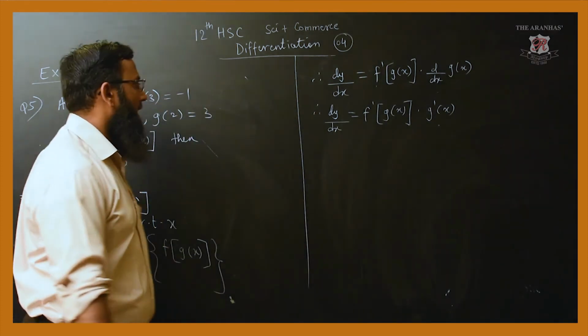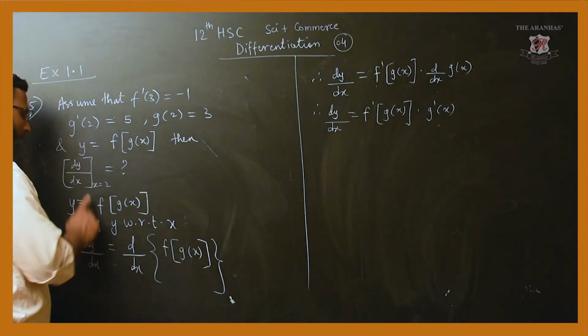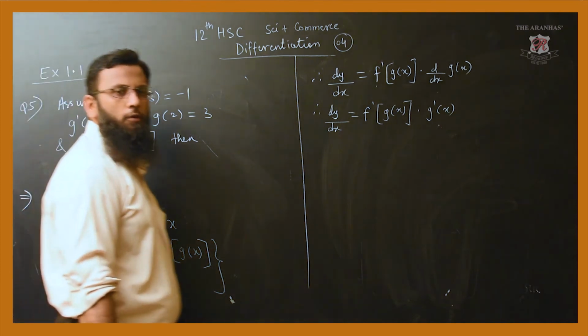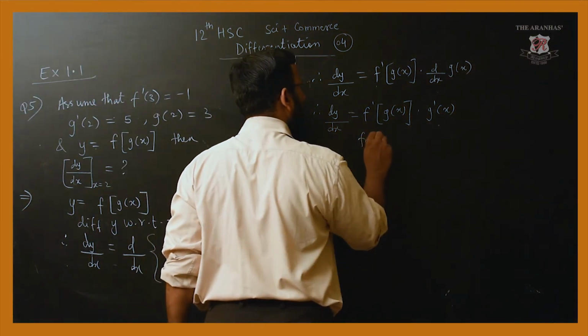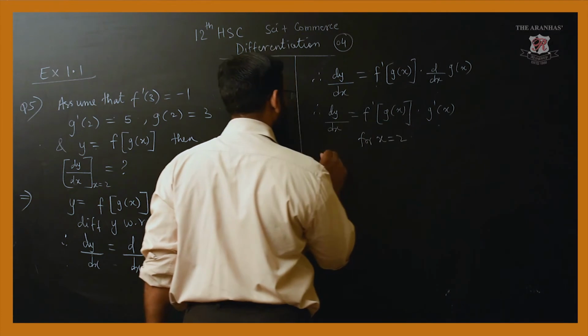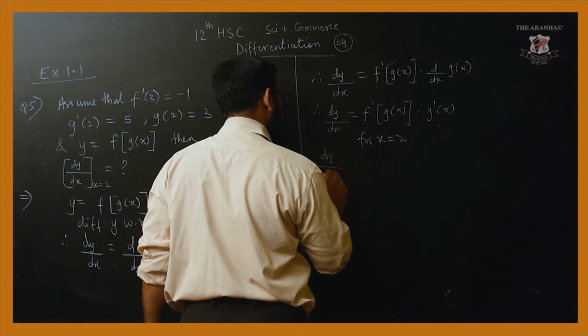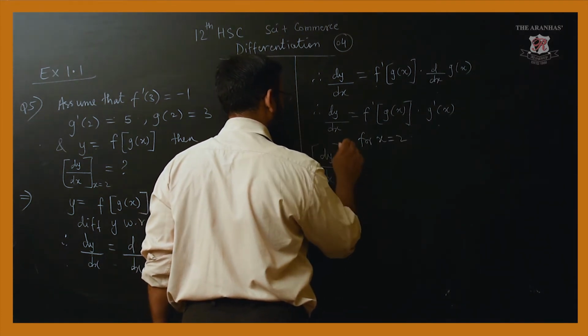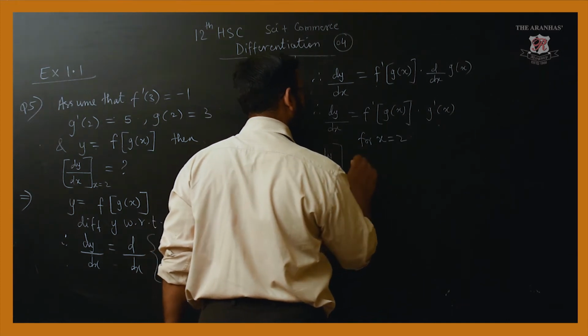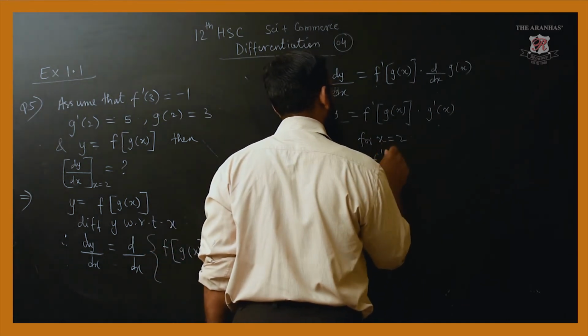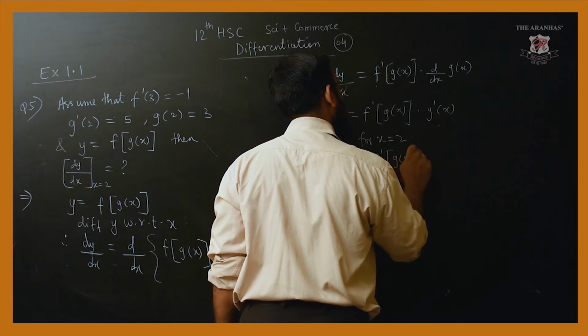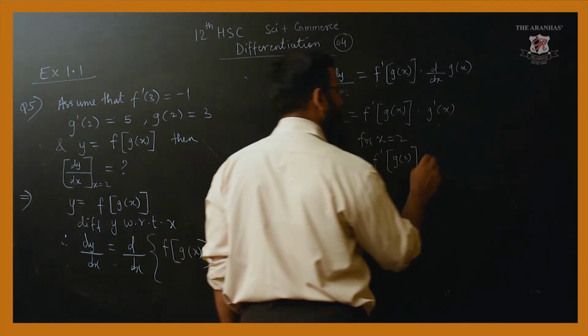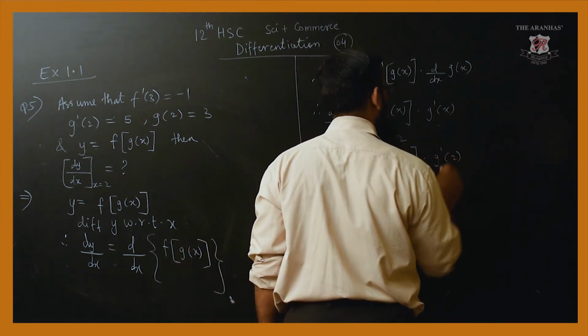Now their criteria is to find the value of dy by dx for x equal to 2. So write here, for x is equal to 2, dy by dx at x equal to 2 is f dash of g of 2 into g dash of 2.